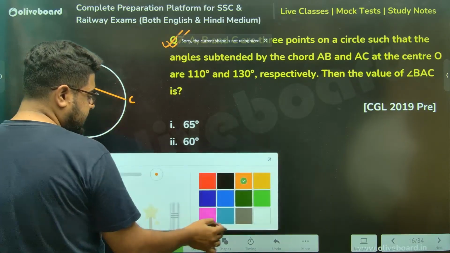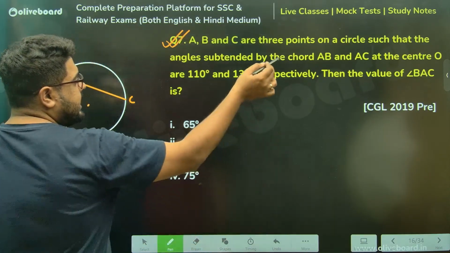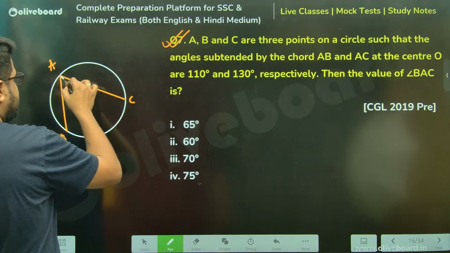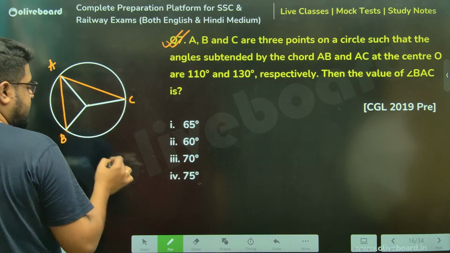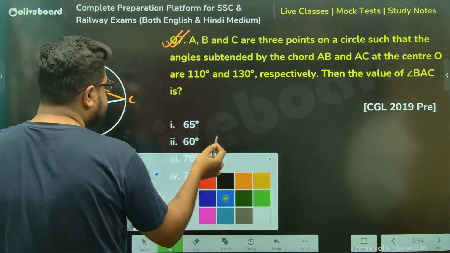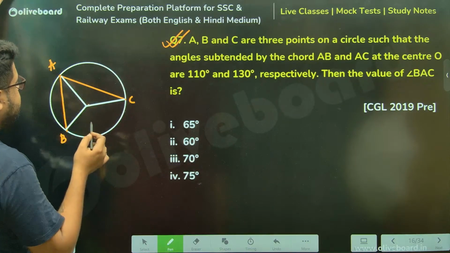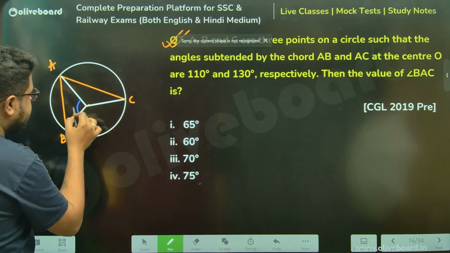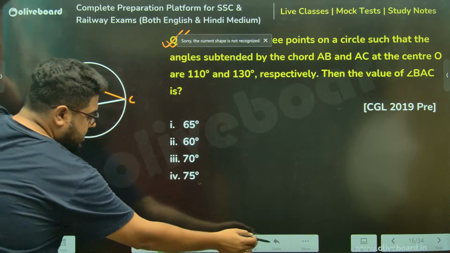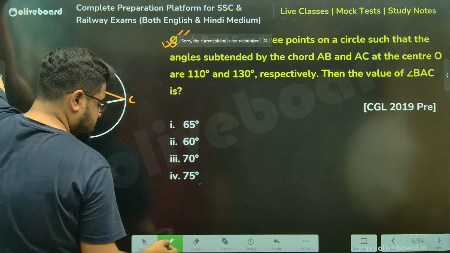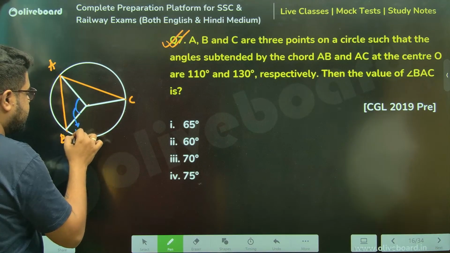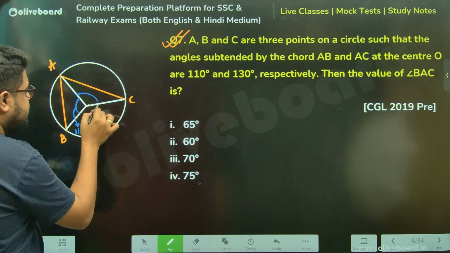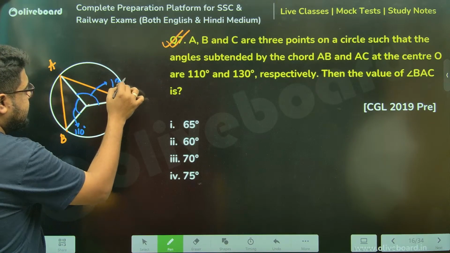So they are saying, look, AB and AC. If you join this, they are saying this angle by AB is 110 degrees. This angle is 110 degrees. This angle is 130 degrees.